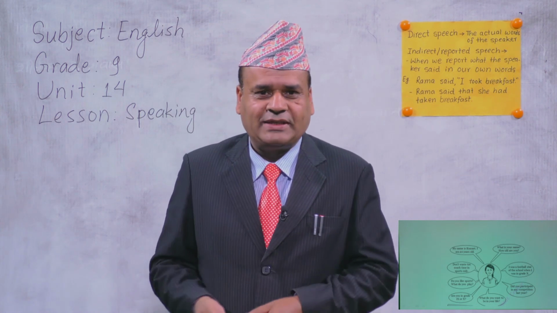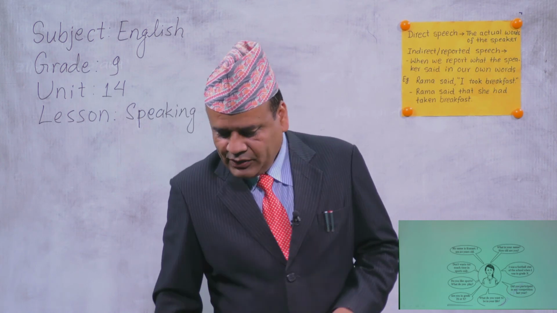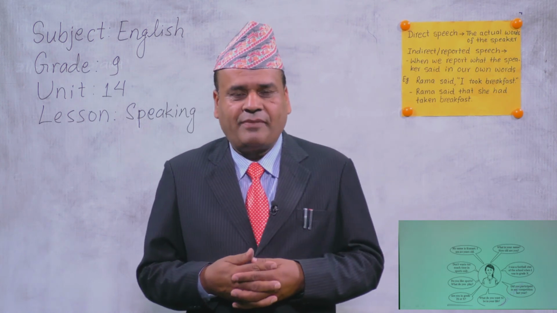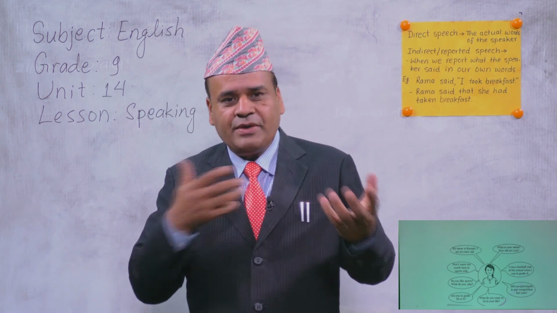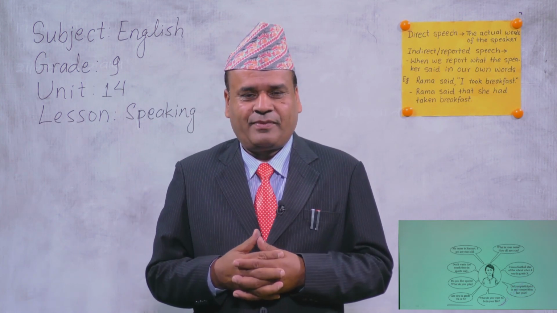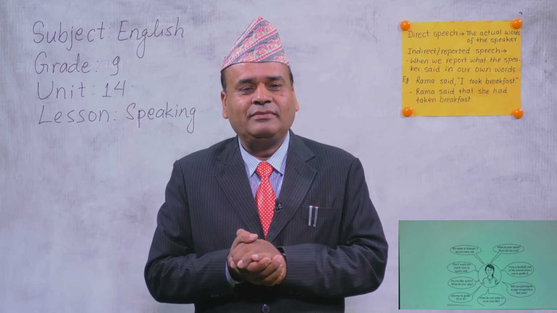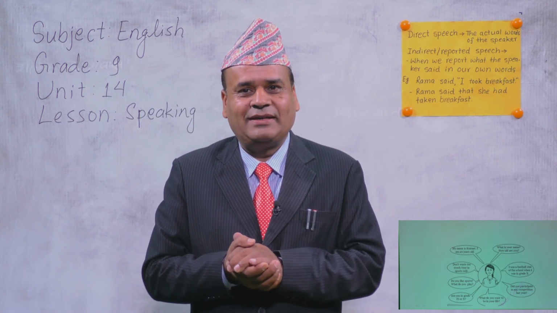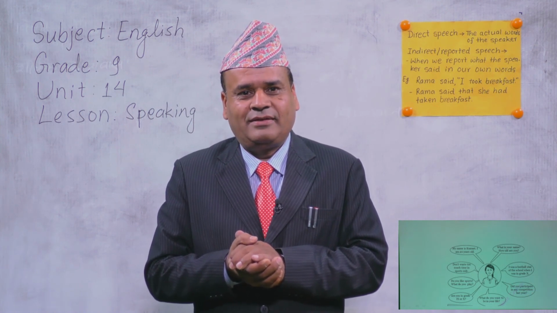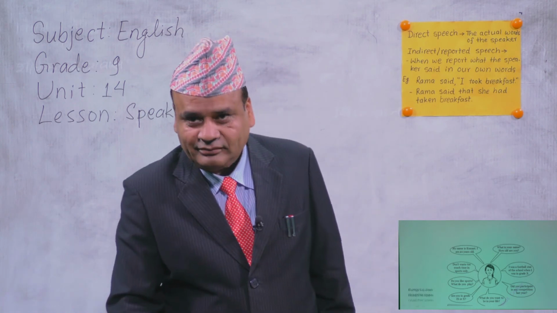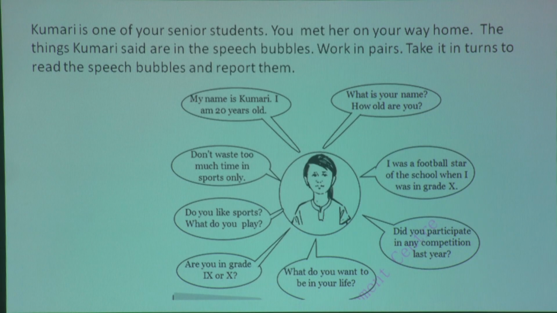So we are going to report it. That means we are going to use the indirect form of this. By speaking, we can practice. You may take time and practice what Kumari said. It's given in your book.